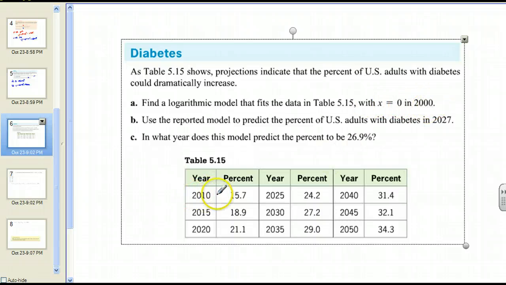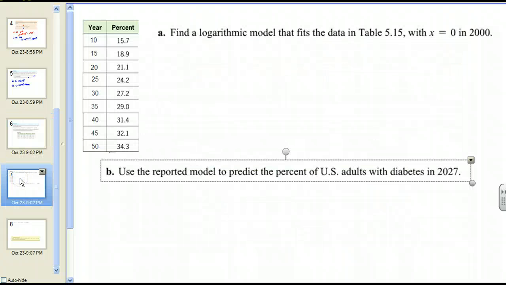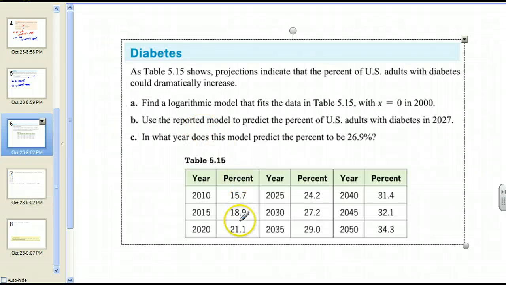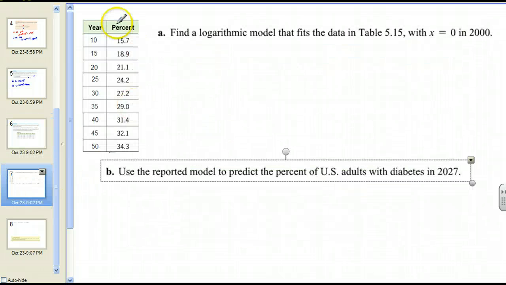So instead of writing 2010, if x is 2000, then 2010 would be 10. 2015 is 15, but the same exact data set as far as the percents go: 15.7, 18.9, 21.1. I've just changed the x's to what we're going to use to model it. So this is what's actually going into my calculator.